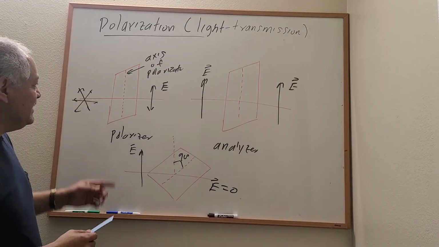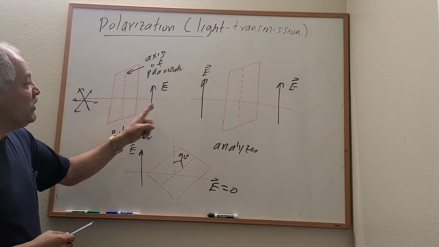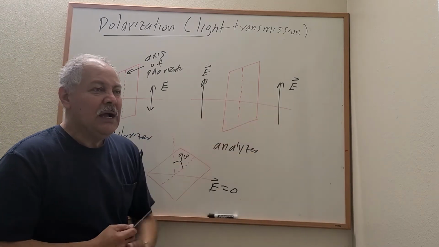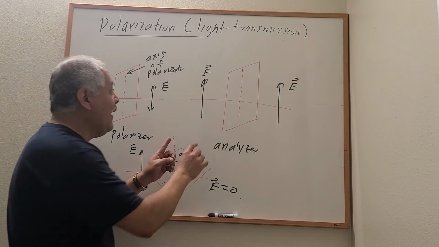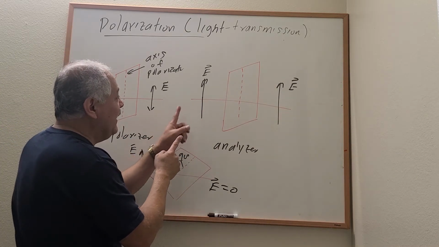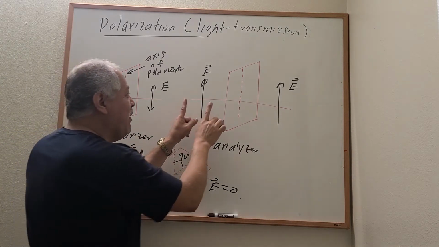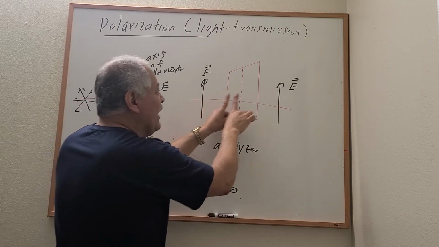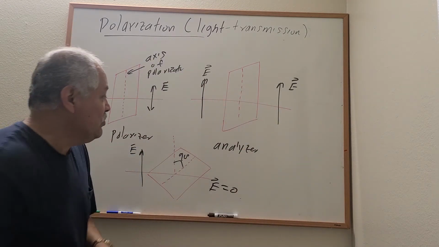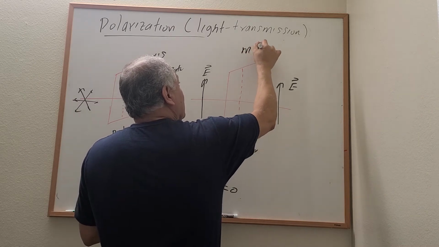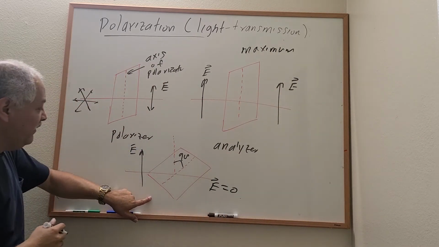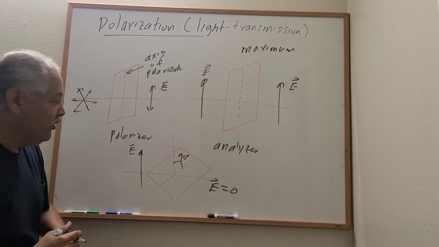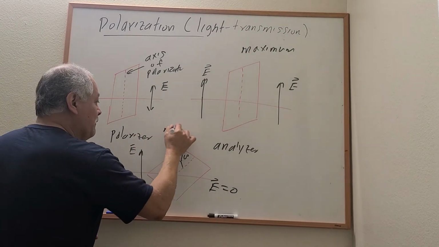Means that the transmission depends on the angle. When this electric field is parallel to the axis, we have the maximum transmission. And when we have perpendicular, we have minimum.